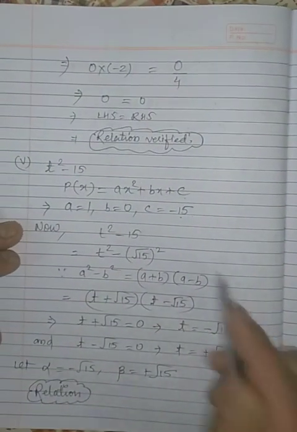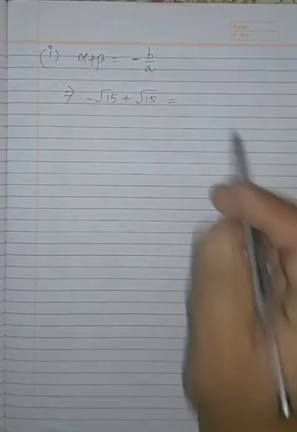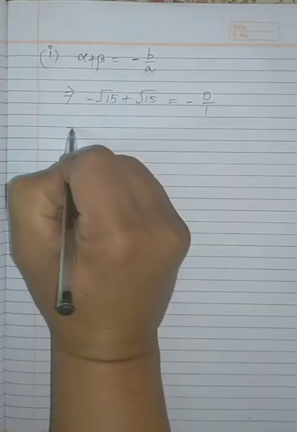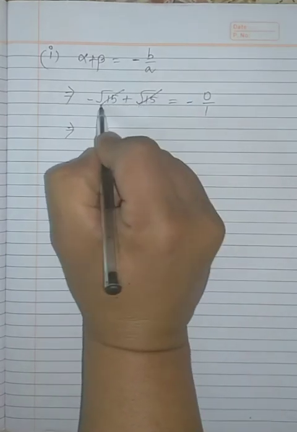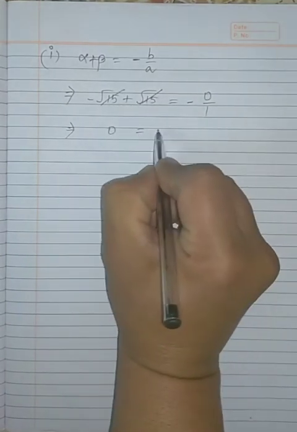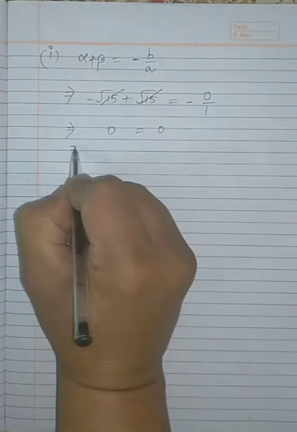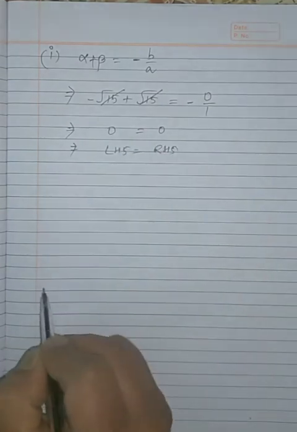As we have taken by comparison the value of b equal to 0 and a is equal to 1, we can write this as minus 0 upon 1. Now minus root 15 and plus root 15 cancel, so 0 is equal to minus 0 upon 1, which is also equal to 0. That means LHS is equal to RHS.